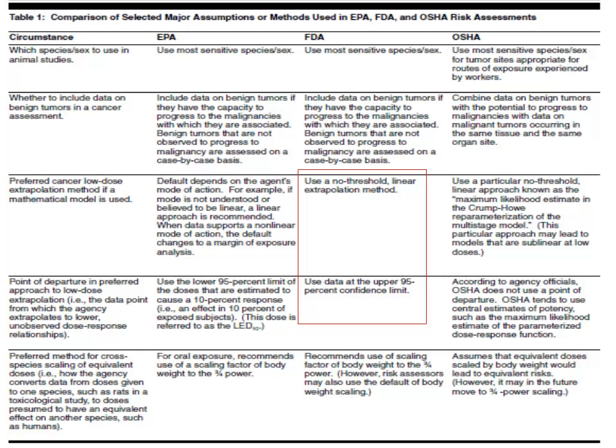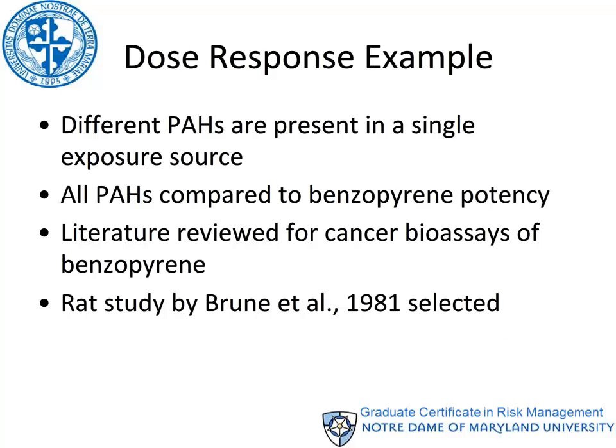And the simplest here is use a no threshold linear extrapolation method. The point of departure is the data at the upper 95% confidence limit. So that's what you just saw on the previous slide. If you take the time to read what EPA and OSHA do, you'll find out that it's not that much different. So what happened in Alaska?